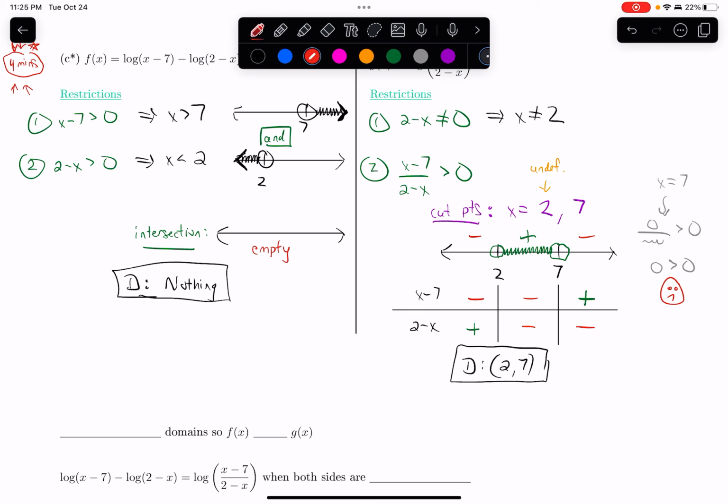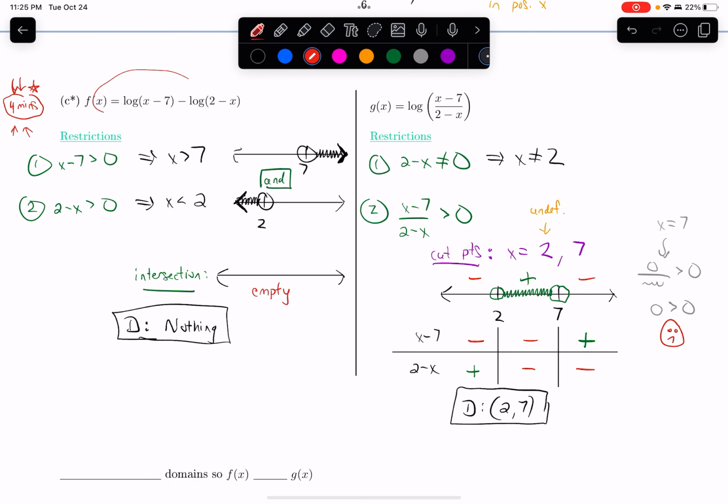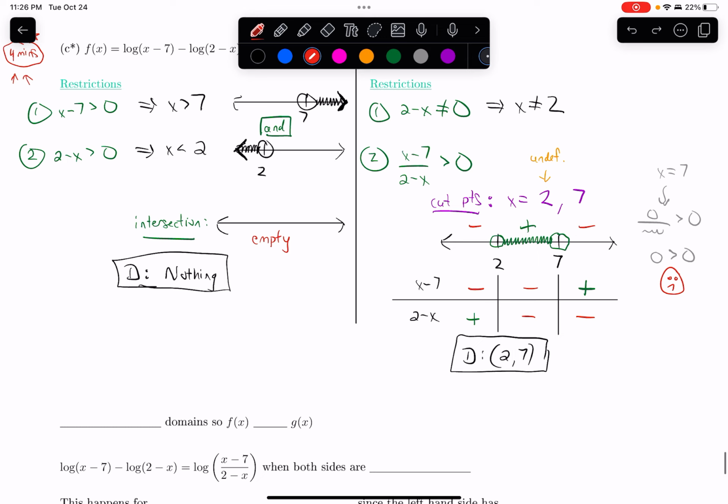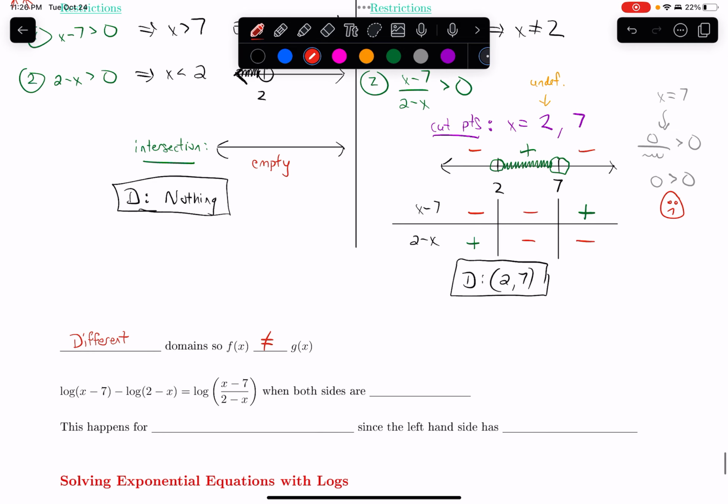Okay, so these two functions, which seem like they should be the same if I use my log rule, actually have different domains. So as a result, the two functions are not equal to one another. Well, for which x values are they equal?